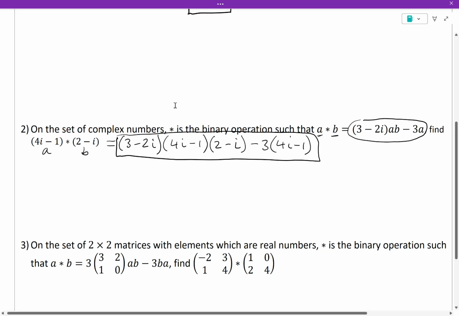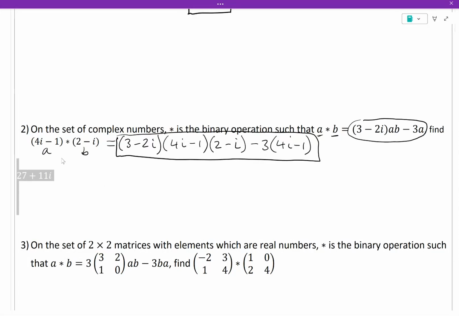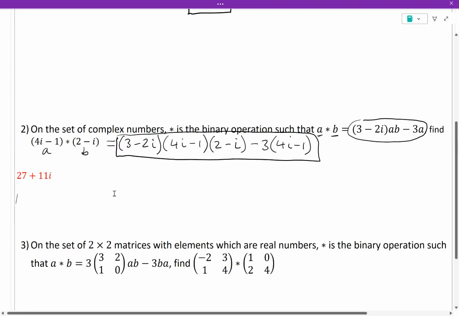So now would be a good time, if you don't remember how to do a calculation like this on your calculator, to have a go. I think the answer comes out as 27 plus 11i. So just have a go and check that you can get that.